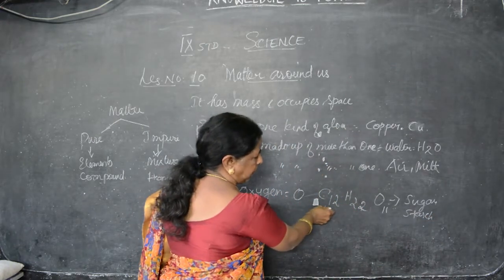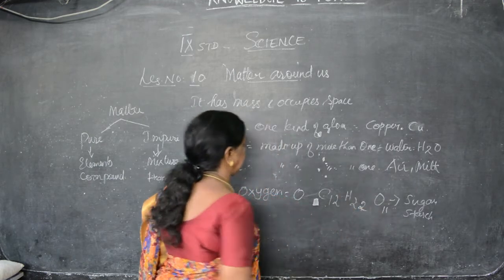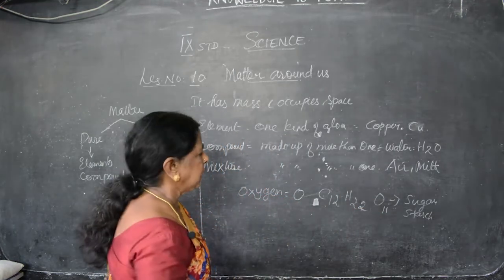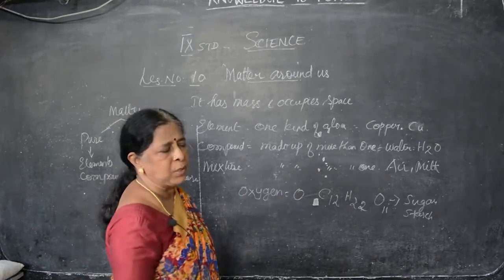That is 12 carbon atoms, 22 hydrogen atoms and 11 oxygen atoms combined together to become a compound. This is an example of a compound, and the simplest example we have seen is water.